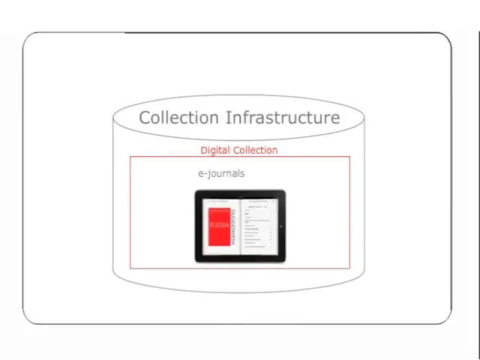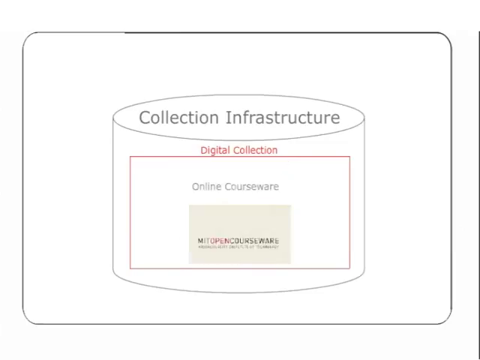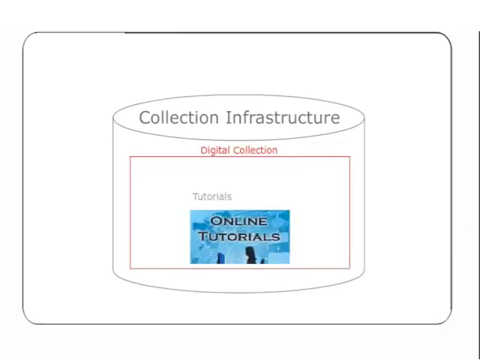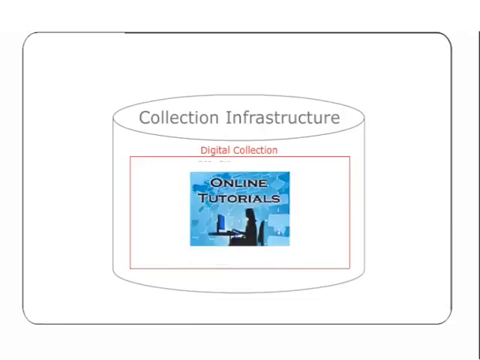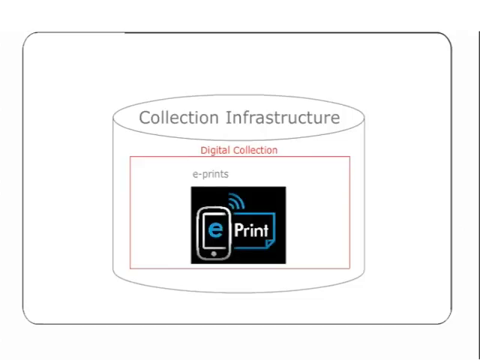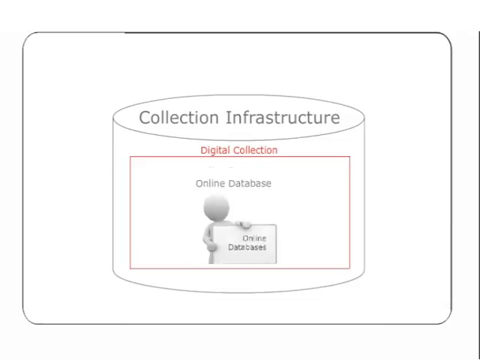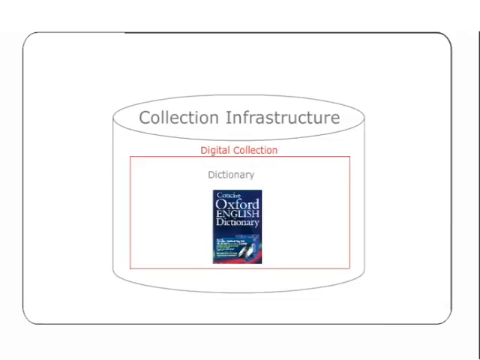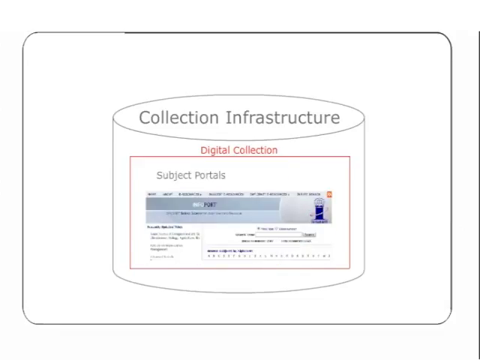A digital library may host a variety of resources including electronic journals, electronic books, conference proceedings, online courseware, learning materials, tutorials, guides, manuals, patents, standards, electronic e-prints, technical reports, electronic theses and dissertations, online databases and databanks, dictionaries, encyclopedias, subject portals or pathfinders.